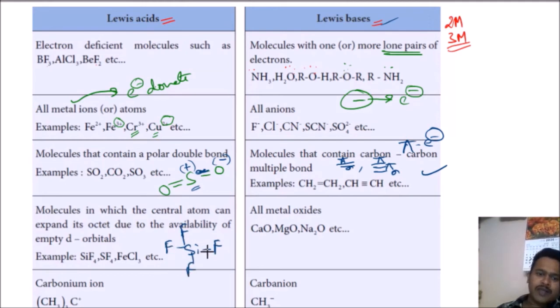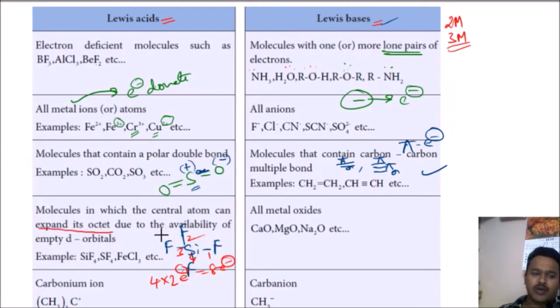Count it: how many bonds are there? 1, 2, 3, 4. Four into 2 electrons, 8 electrons are there. It is already satisfied with the octet rule. It is stable, we can say, but it can expand its octet.